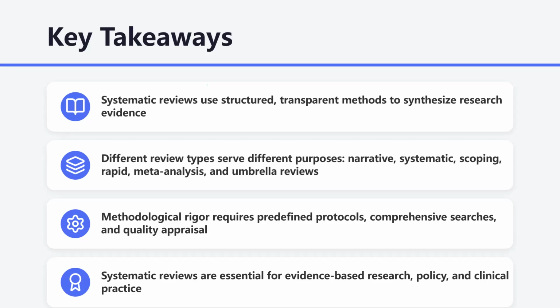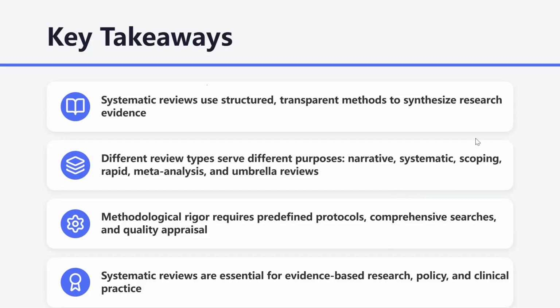You should not have left out papers that actually address the same topic, and you should also have assessed and appraised these papers in terms of quality. So basically, those are some of the items that I would like you to really take home.